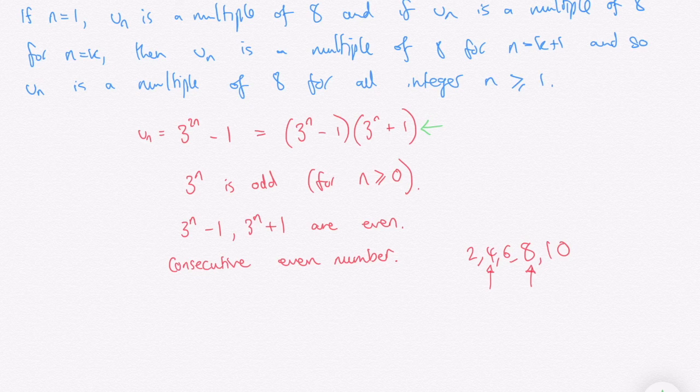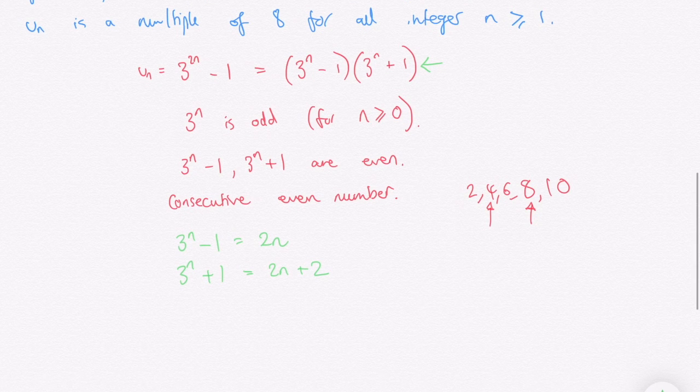And to make this really clear, if we let 3 to the n minus 1 be some even number 2n, then notice that 3 to the n plus 1 is equal to 2n plus 2. And therefore, 3 to the n minus 1 multiplied by 3 to the n plus 1 is 2n multiplied by 2n plus 2.